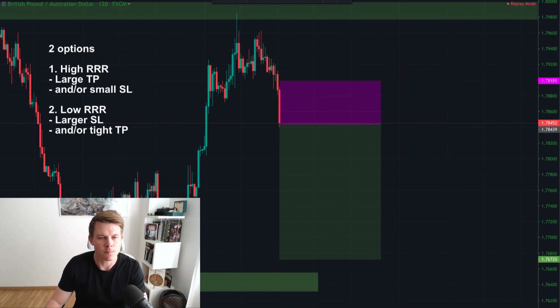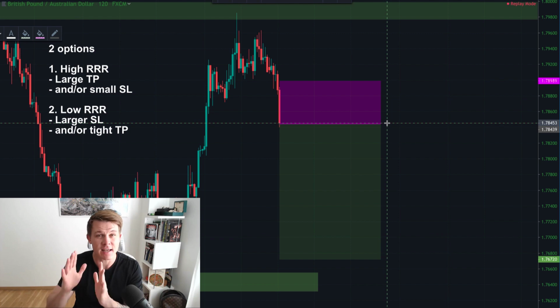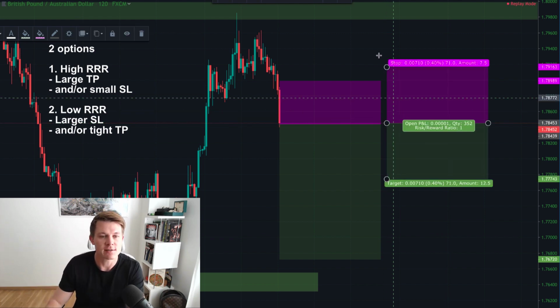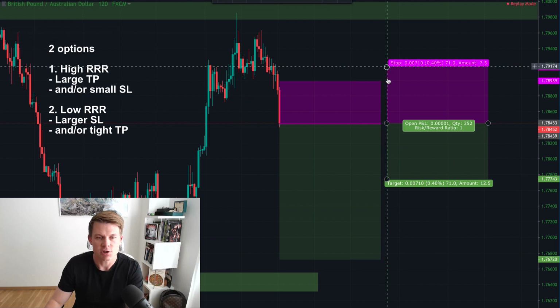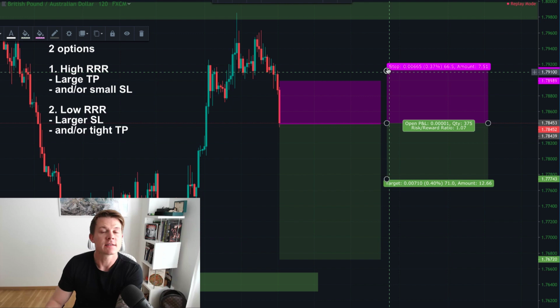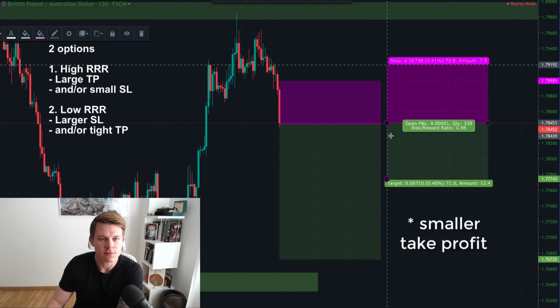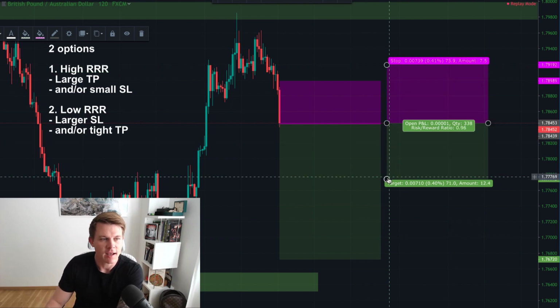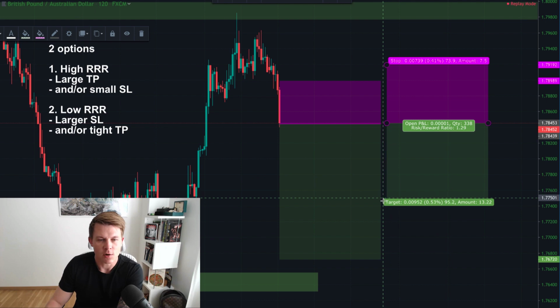This is, let's say, a system with a wider take profit. And let's say another trader trading the same system, just the parameters of how you place your stop and target are changed a bit, uses a larger stop loss and also a smaller reward to risk ratio.